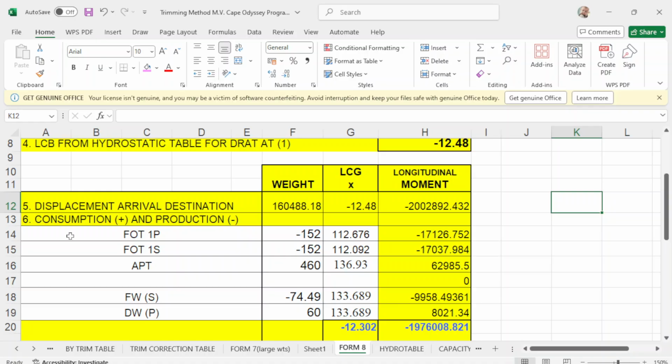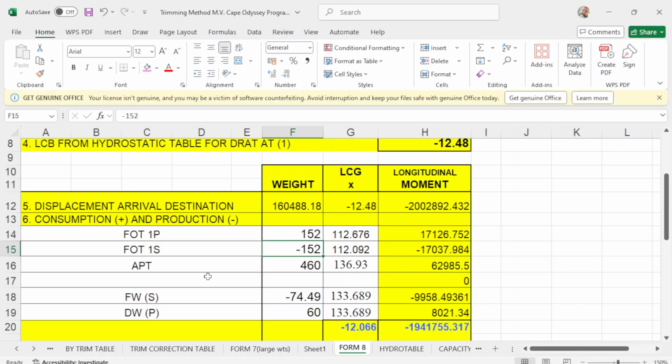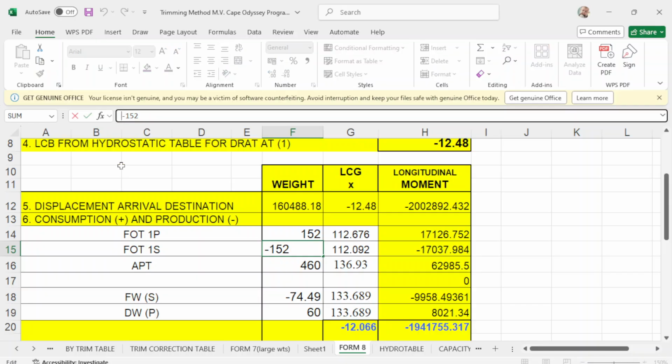Here it says consumption is positive, production is negative, so we put this as positive consumption.